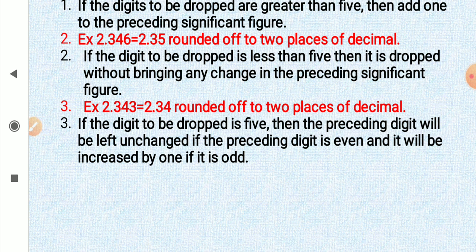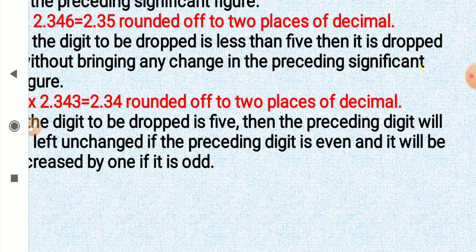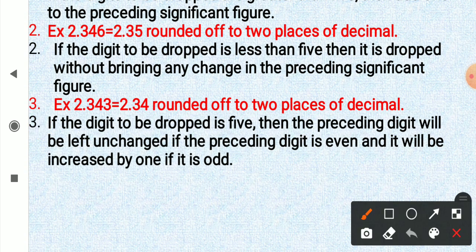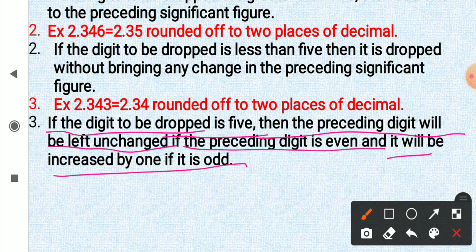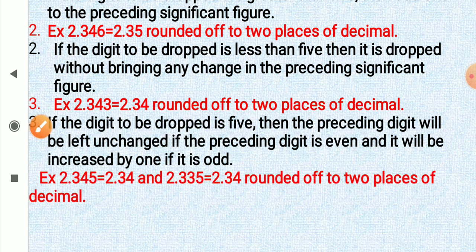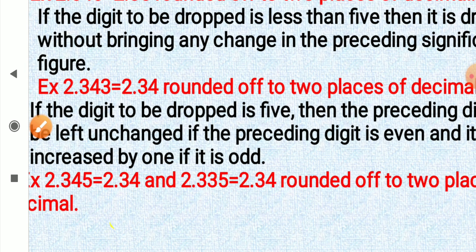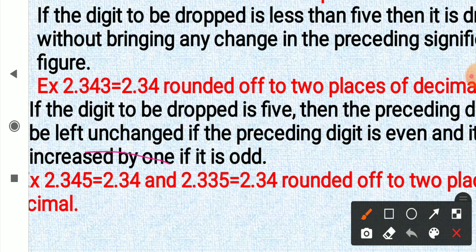So what if the digit to be dropped is exactly 5? Here, if the digit to be dropped is 5, then the preceding digit will be left unchanged if it is even, and it will be increased by 1 if it is odd. So look at an example first. Here, in this number, I want to drop this 5 and the preceding digit is 4, which is an even number.